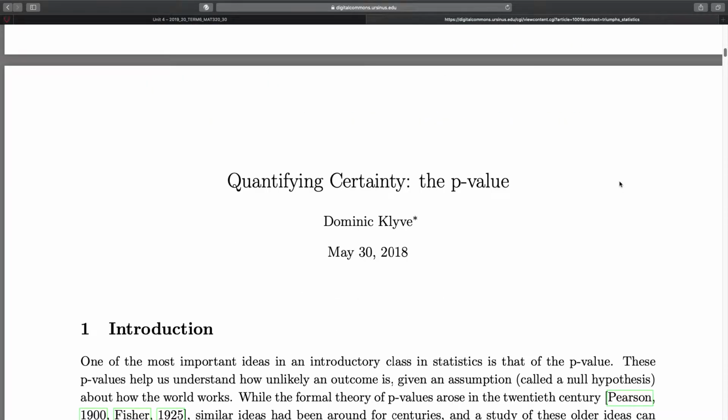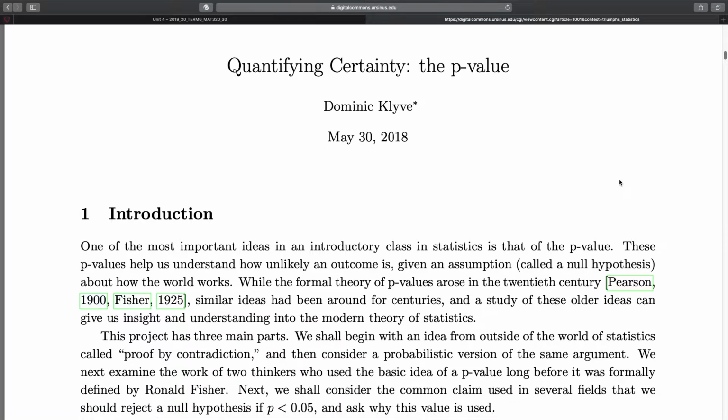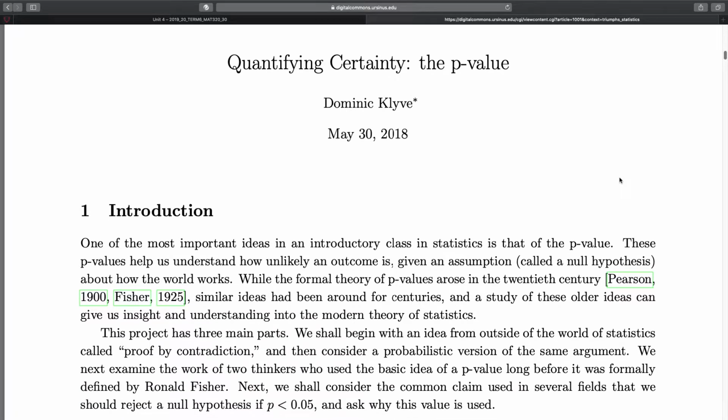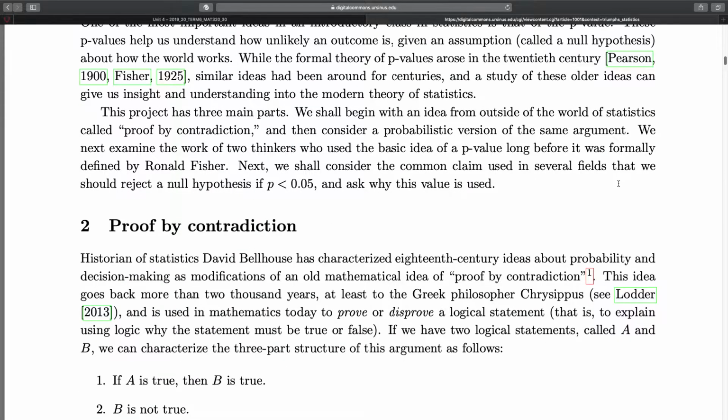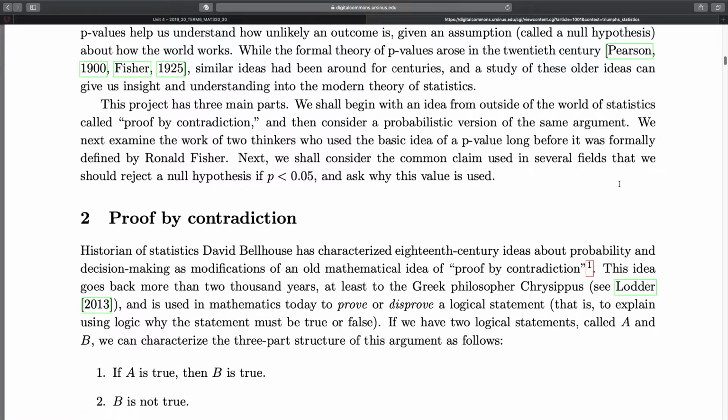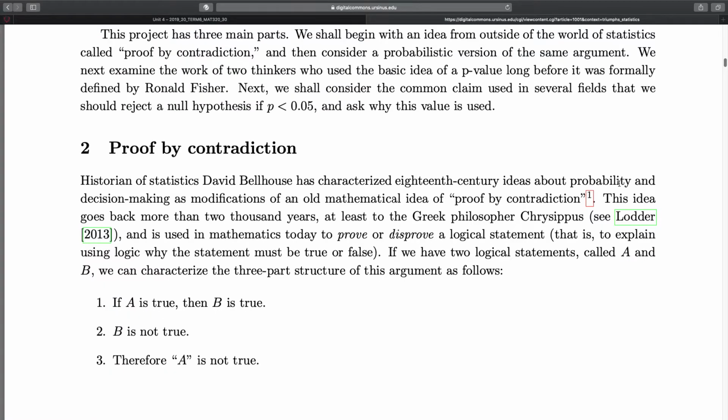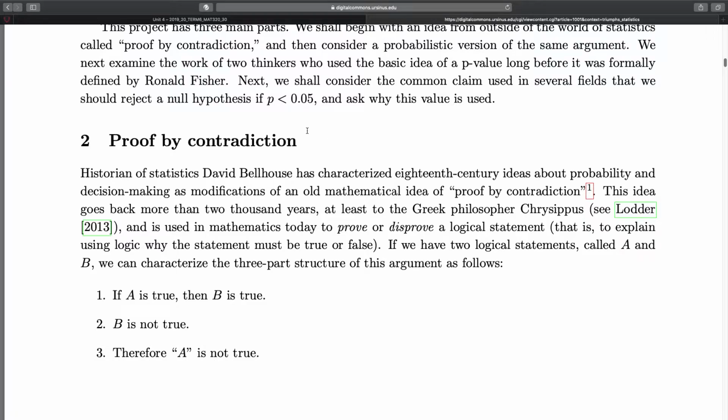This gives a lovely historical reference for why we use the p-value the way that we do. And the cool thing about it is the first couple of parts are going over proofs, like the proof by contradiction.